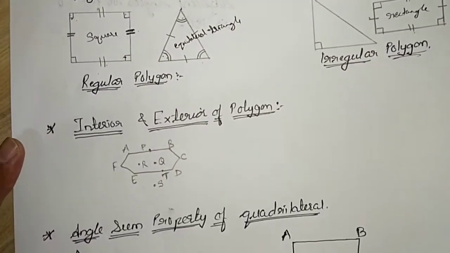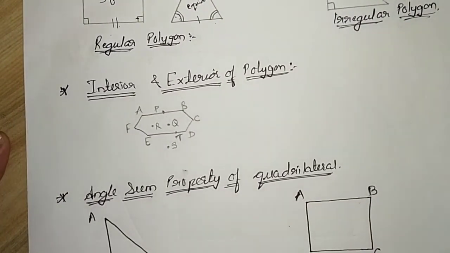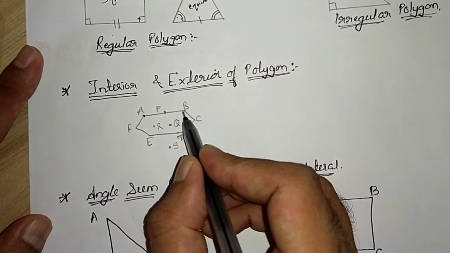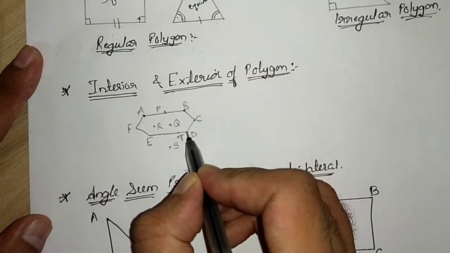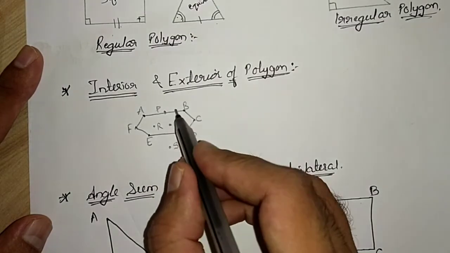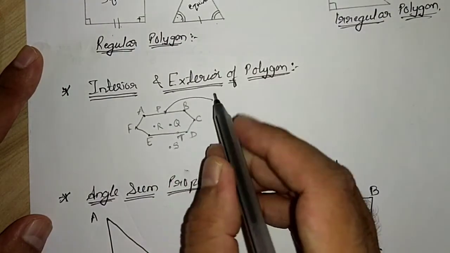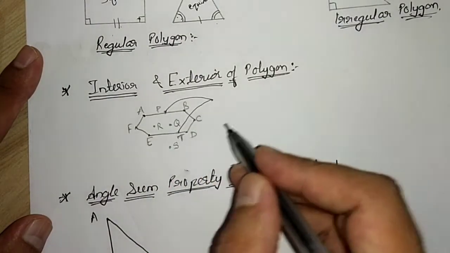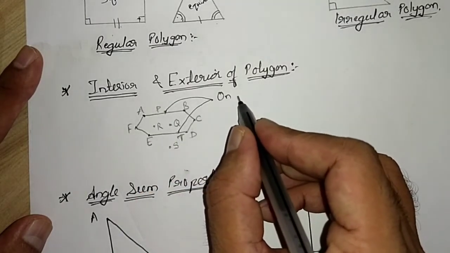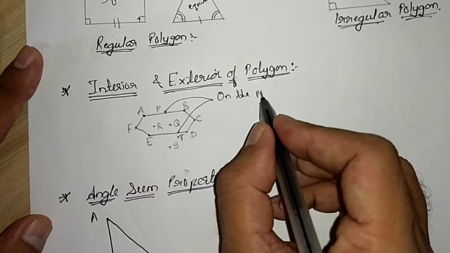Now moving to the next topic, that is interior and exterior of polygon. Let's say this is the hexagon A, B, C, D, E and F. Here point P and point T are on the polygon.